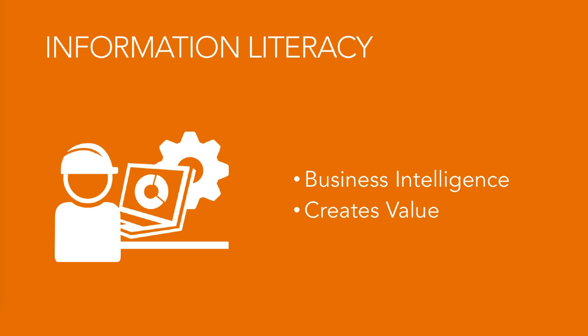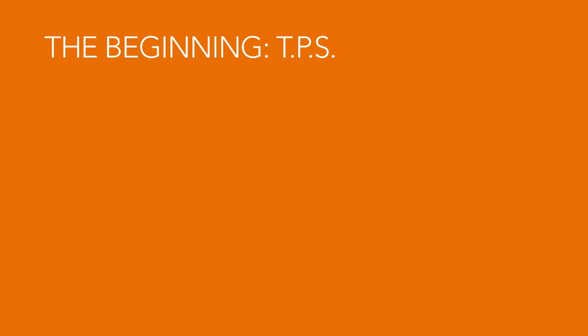Now, let's jump right into where information systems began. And the beginning was with something called TPS. So these are transaction processing systems. Now, these systems, in essence, they just automated very repetitive tasks. So the first thing they would do is collect data.